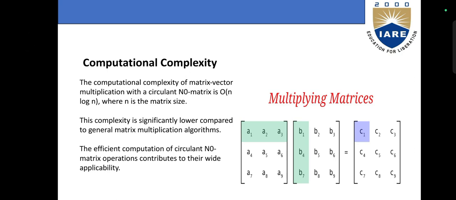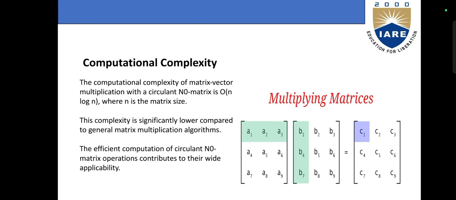Computational complexity. The computational complexity of matrix vector multiplication with a circulant matrix is O(n log n), where n is the matrix size, which is significantly lower compared to general matrix multiplication algorithms. The efficient computation of circulant matrix operations contributes to their wide applicability.